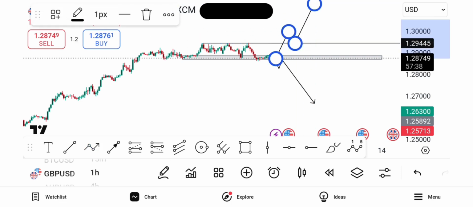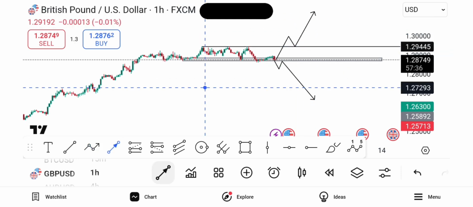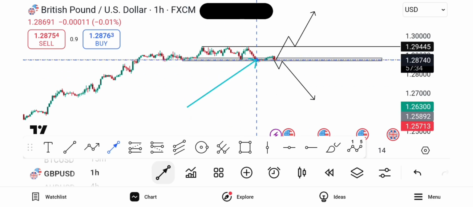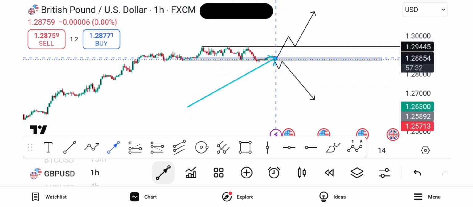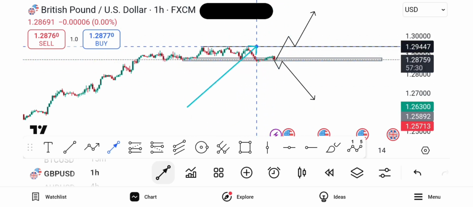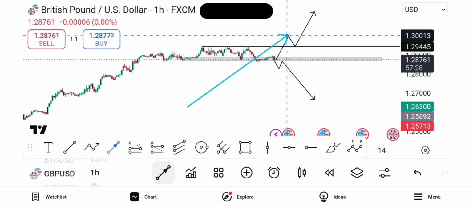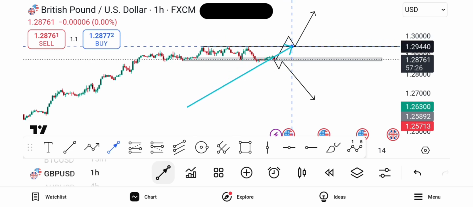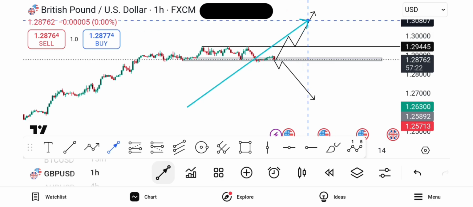You see that? So there are two things you have to consider: the market coming here, then breaking above your resistance, retesting back to the resistance zone, then pulling back upwards. All right, so that is it.